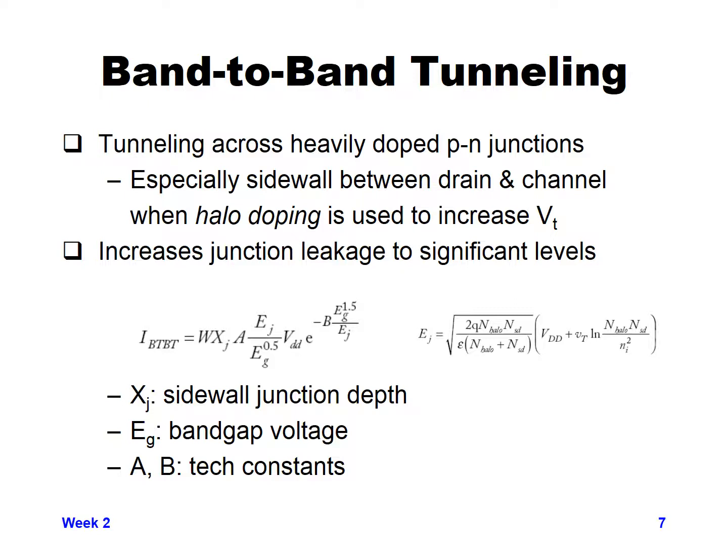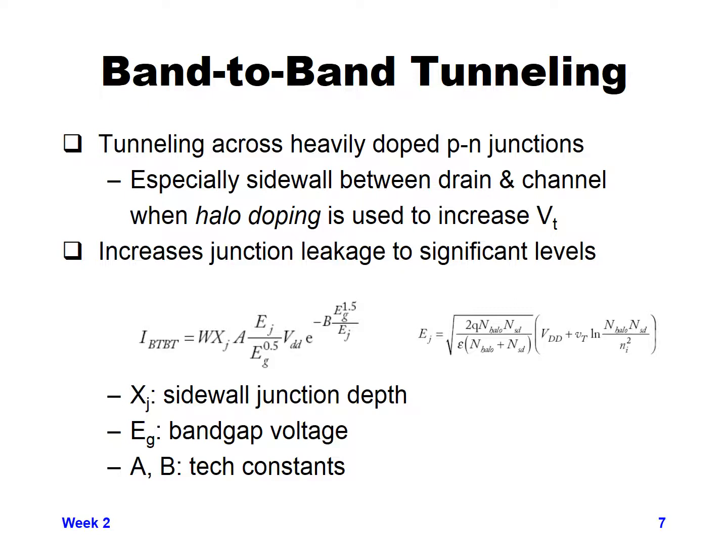are related to the process technology and the doping levels. X sub j is sidewall junction depth, so how deep your PN junction goes from the surface of the wafer, or surface of where your channel is, down into the silicon.